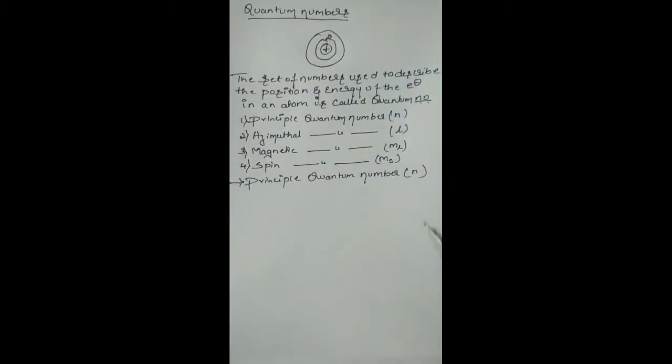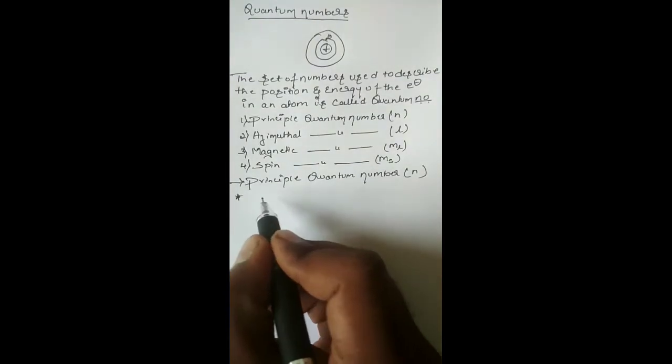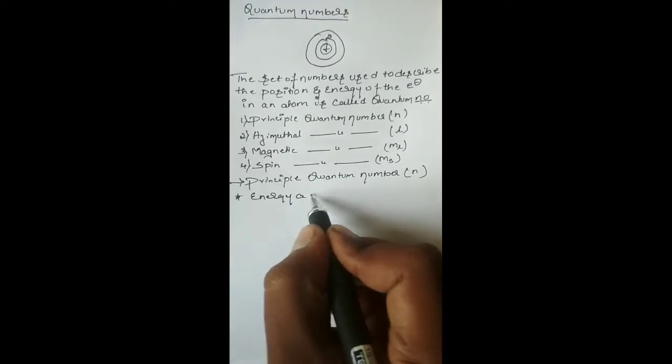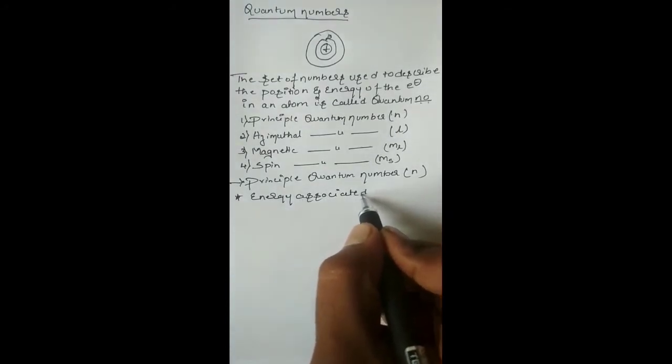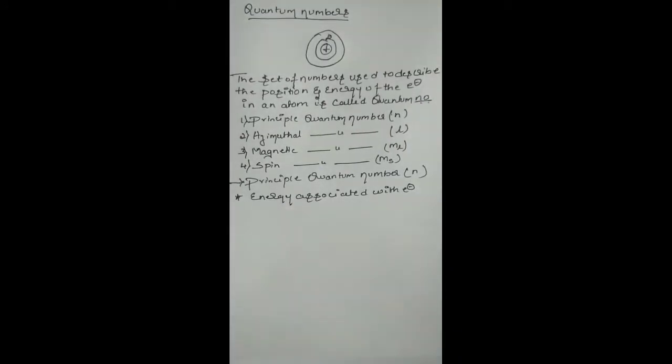That is the first point: the energy associated with the electrons.